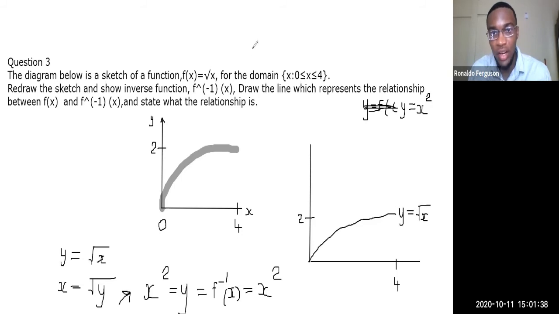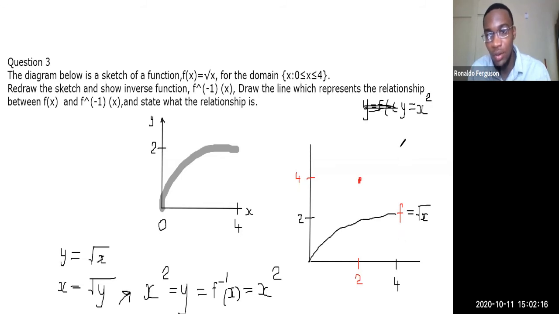Now I'm going to use the color red to draw the graph of y equal x squared, which is the inverse function of f of x. So this y here is really f of x. That's your function f. And now I need to sketch f inverse. When x equals 2, x squared is going to give me 4. So I can put 4 right here.